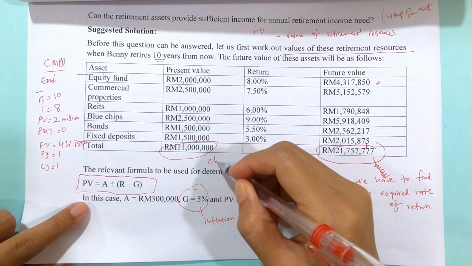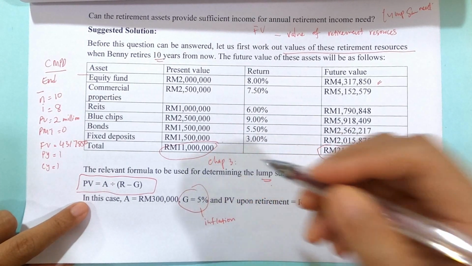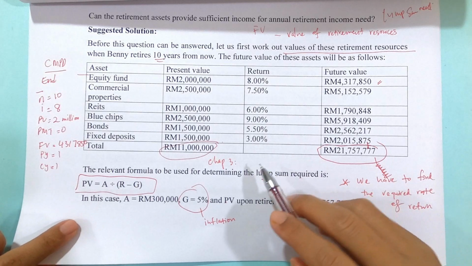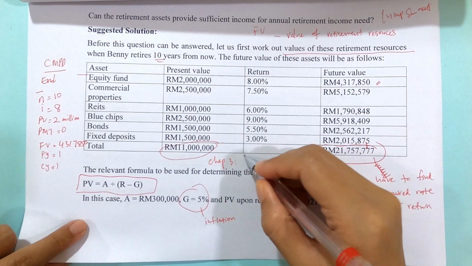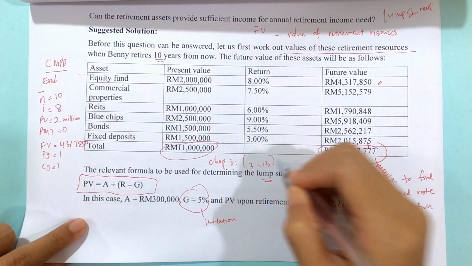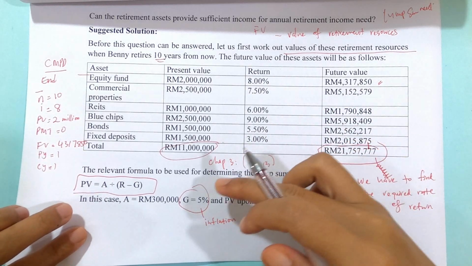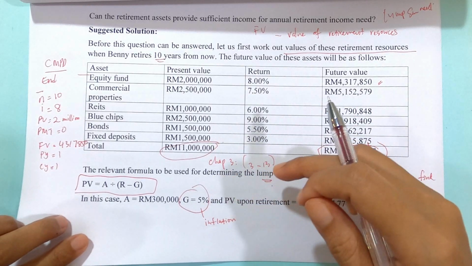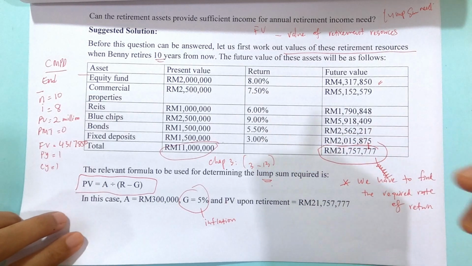In chapter 3, there is a formula on capital conservation and inflation factors somewhere on page 313. This question is related to that particular formula exactly.